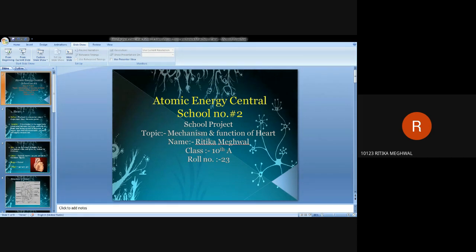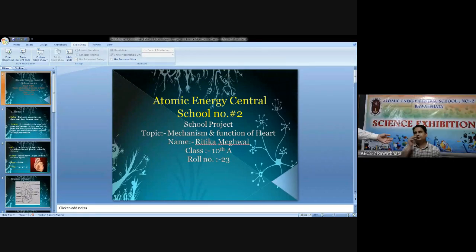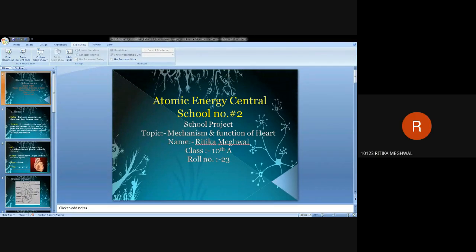Now you can see the structure of the heart in this figure. This is the precaval vein, right atrium, pulmonary vein, tricuspid valve. This is the aorta. Next, the four main chambers of the heart are the right atrium and right ventricle.